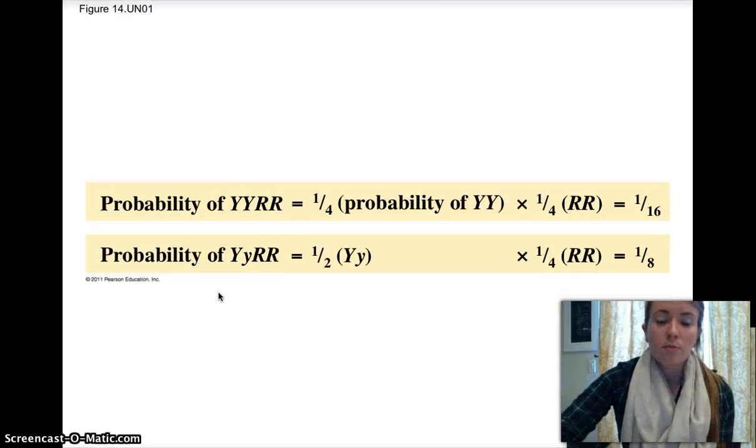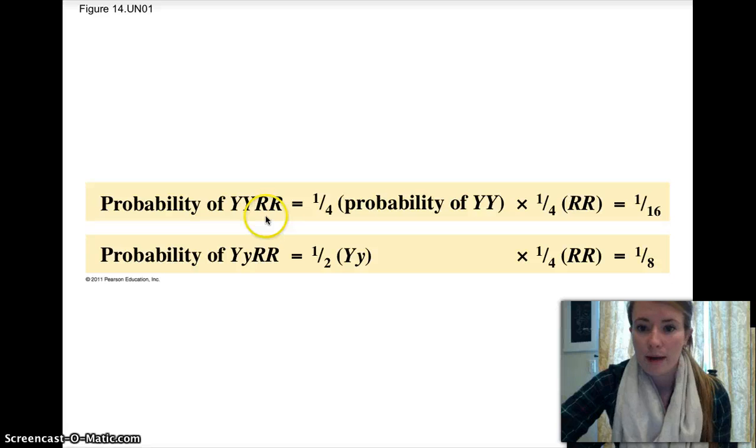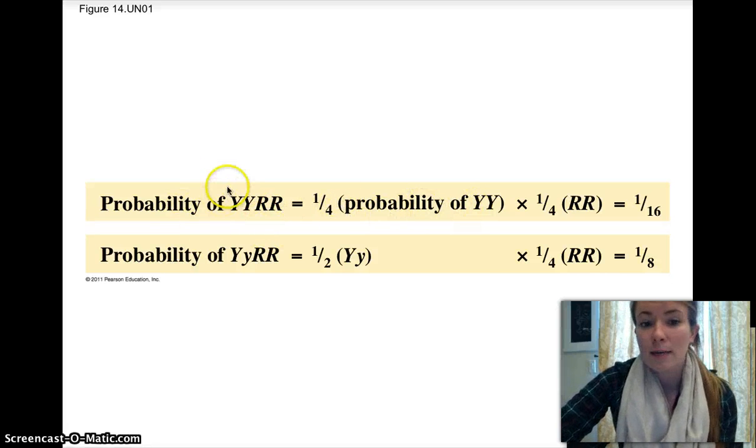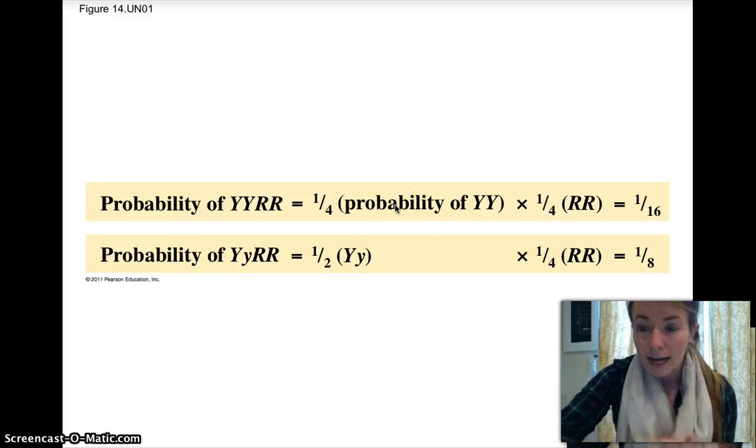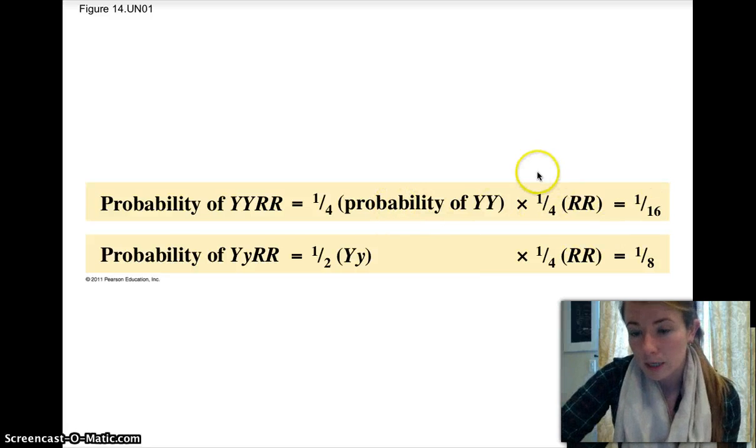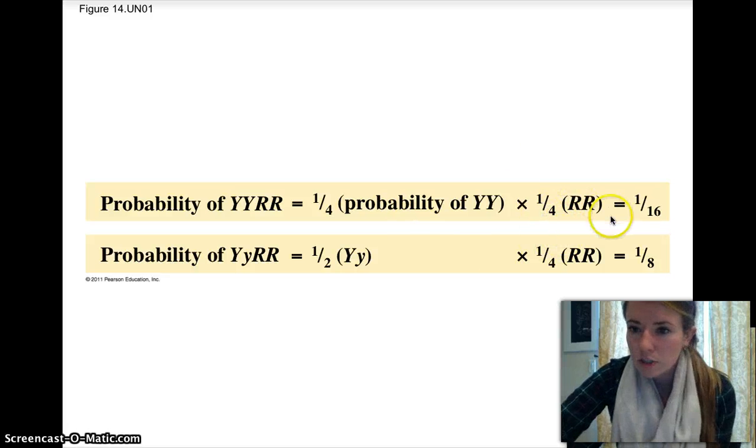So the probability of ending up homozygous dominant for both, big Y, big R, is just the probability of ending up big Y, which we know is 1/4, times the probability of ending up big R, which is also 1/4, so it's just 1/16. That's really easy.